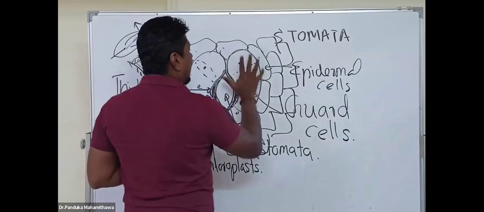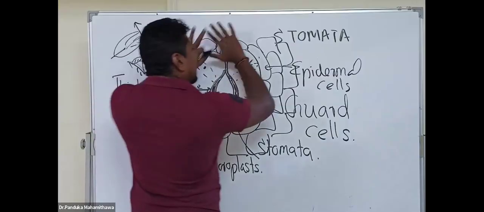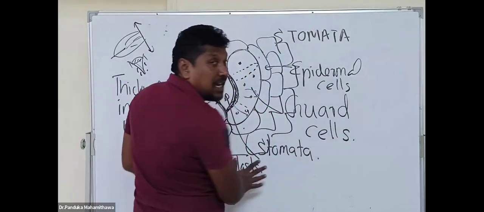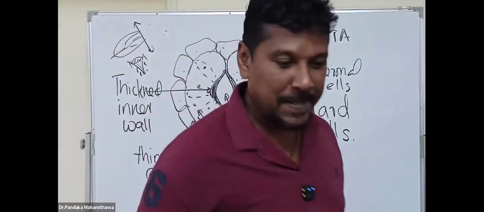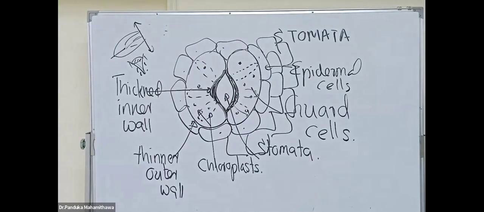Other than the guard cells and the opening, all other areas of the leaf are covered by the lower epidermal cells. Understood, right?